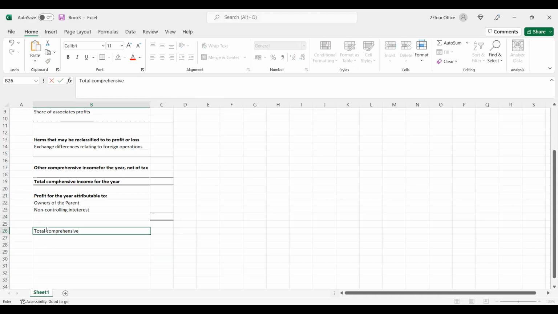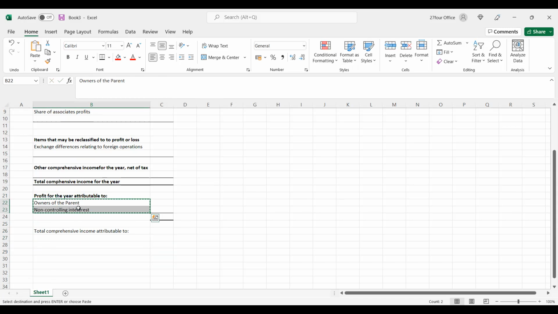Okay, total comprehensive income attributable to... Okay, and then who's it attributable to? Owners of the parent and NCI. Okay, so just be aware of that.